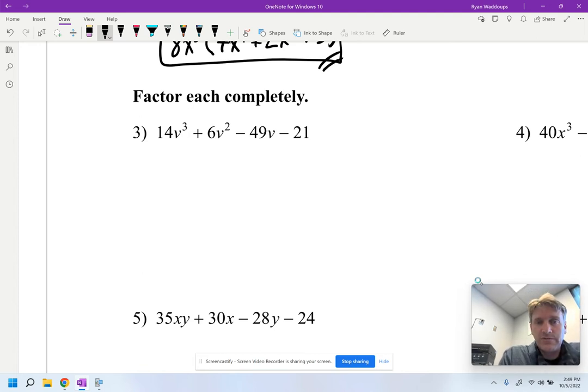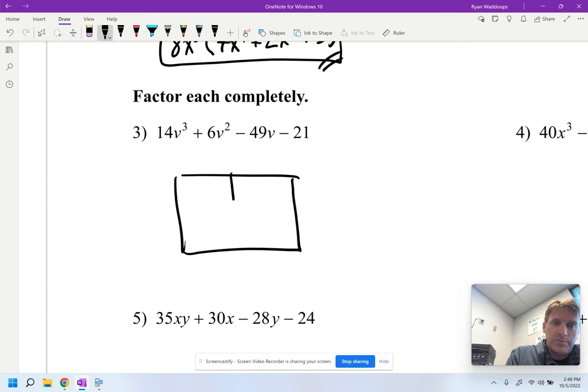The first 3 terms have v's, but I don't know. It looks like what I'm going to do is use a box. Factor by grouping, but I'm going to use the box. So I'll put 14v cubed plus 6v squared minus 49v minus 21.